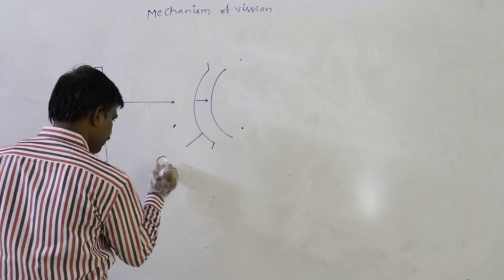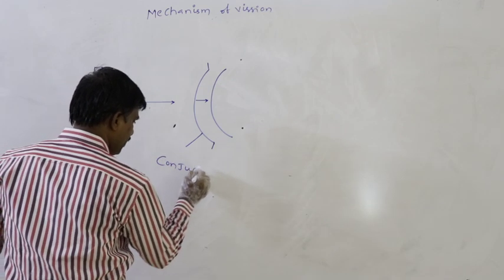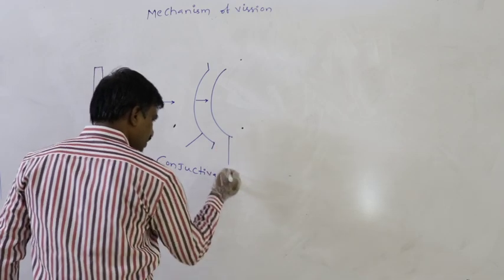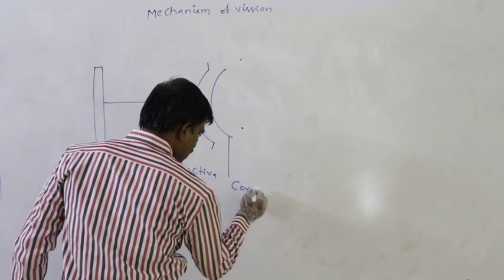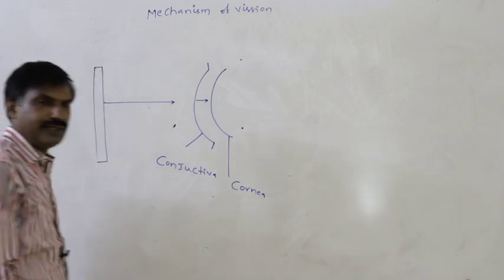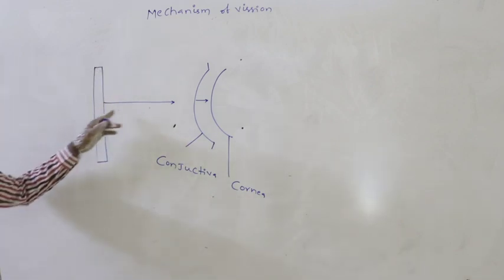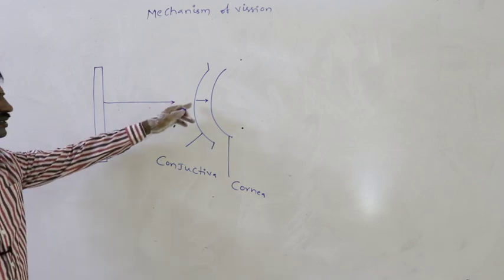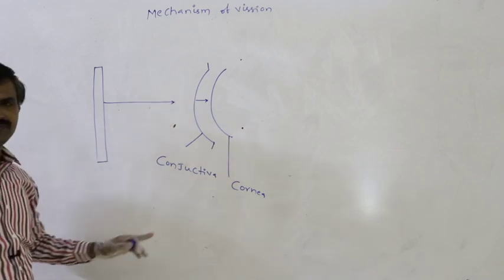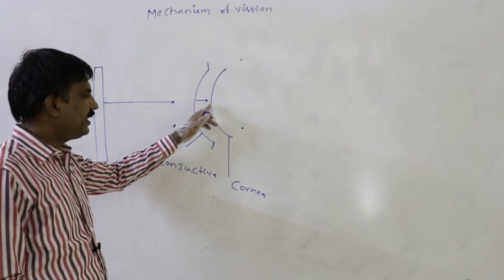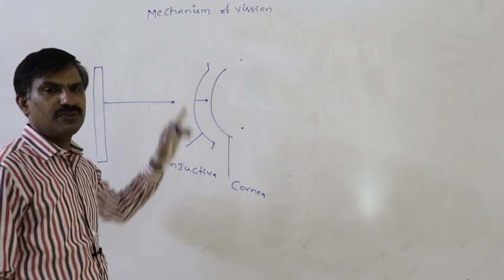This is the conjunctiva. This is the cornea. At first light from the visible field reaches the conjunctiva. Later from the conjunctiva light is reflected onto the cornea.